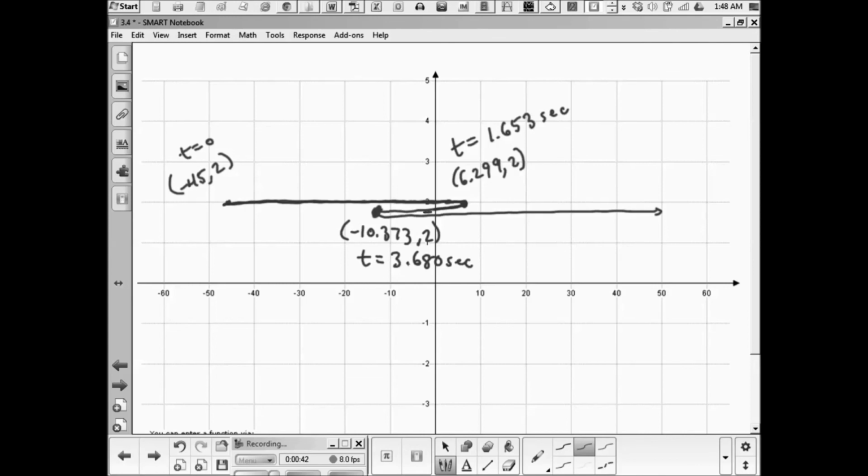Right here is an interesting point we didn't talk about. At this point in time, it's at a constant velocity, just for a split second. That point there is when the acceleration is 0.